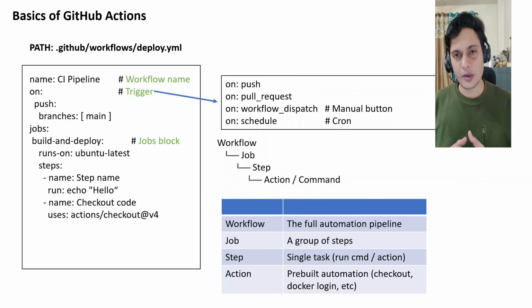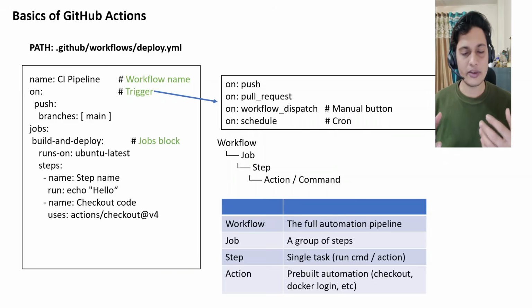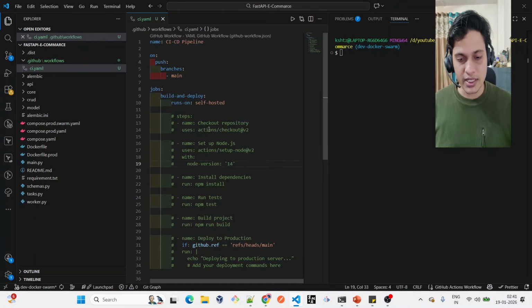But there are a few commands which will be used in all projects when you are going to deploy with GitHub Actions. It is not only for Docker Swarm, it can be with anything, but these two things you will find everywhere. So what are those? Let me just uncomment it.